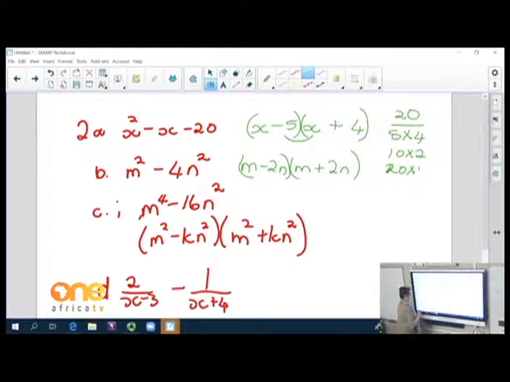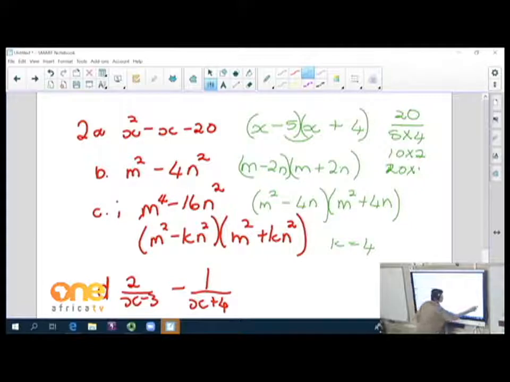So this is also the difference between squares, because all of these are square numbers. So if I factorize that one, it will be m squared minus 4n and m squared plus 4n, which means k is equal to 4. Just another way of asking it.